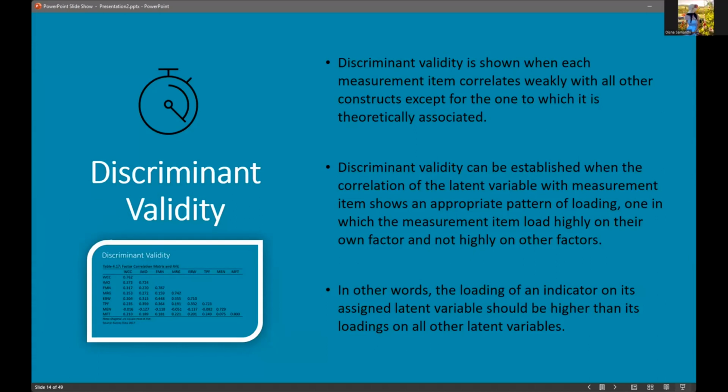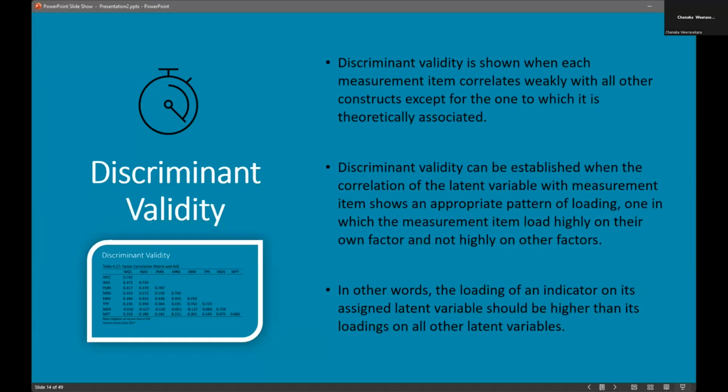For example, let's say we have construct A and construct B. Convergent validity simply measures whether the questions in construct A measure construct A, that means within them whether they have high correlation. The discriminant validity measures whether the questions in construct A and the questions in construct B are weakly related.